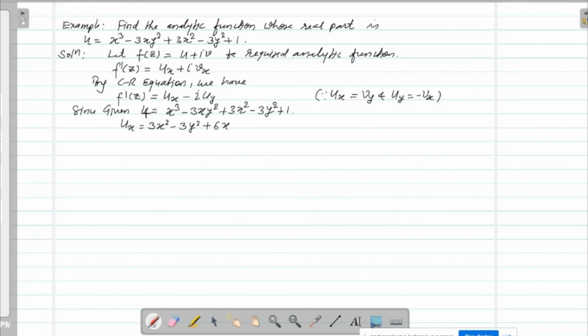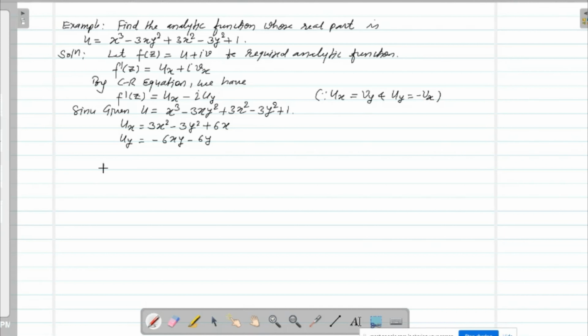Also differentiating u partially with respect to y, uy is equal to minus 6xy minus 6y, and the constants become 0. So you got ux and uy; just substitute them.